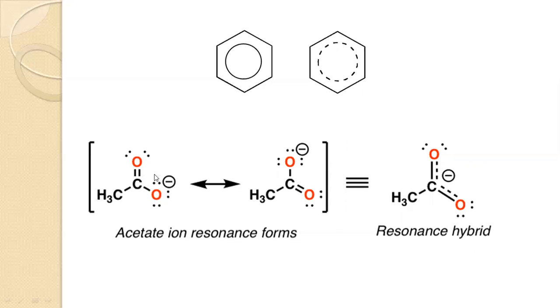Now see, in the first structure the negative charge is delocalized and it forms the double bond in the second structure. Due to that formation of the double bond, the pi bond present on the next carbon and oxygen shifts onto the oxygen, generating more electron density on the oxygen.